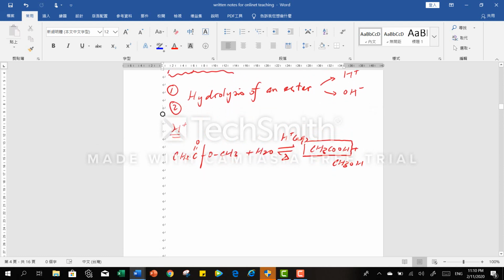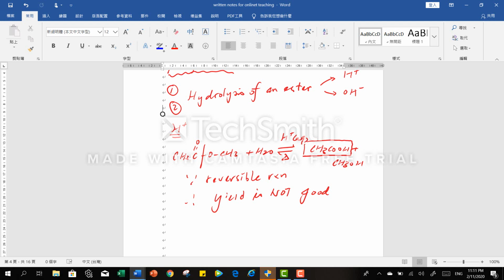But since this is a reversible reaction, the problem that we face when we use this method to produce carboxylic acid is the yield is not good, right? Because if this is a reversible reaction, even though it attains equilibrium, both the reactants and products will coexist.